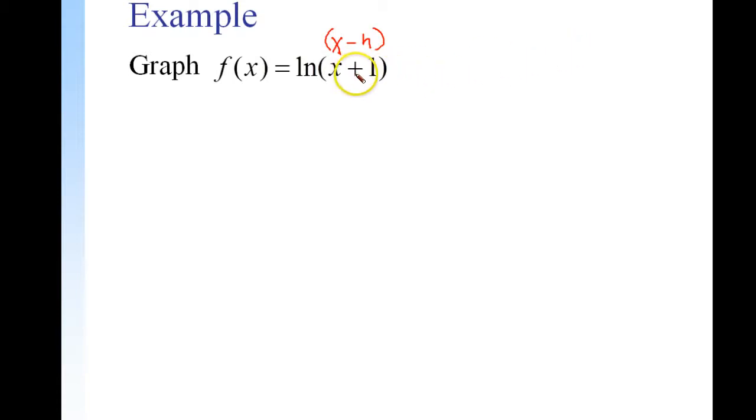So if it appears as a positive, what do you think your h value was? Well, it had to be the opposite sign in order to get a positive one there now. So there's negative h. So negative of a negative 1 gives you a positive 1. So what is that going to do to your graph? Is it going to shift it right to a positive value or left to a negative value? And the answer is left to a negative value.